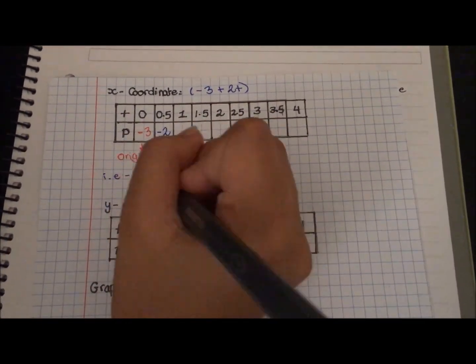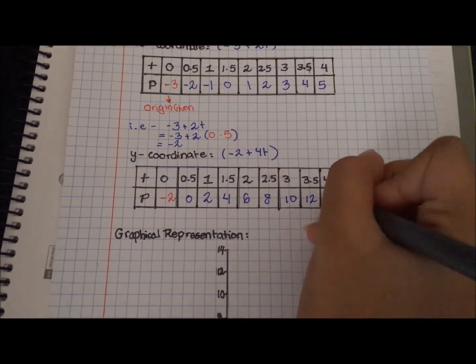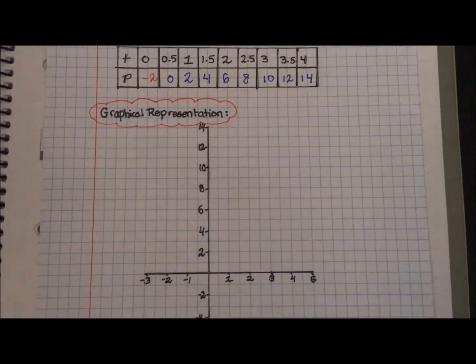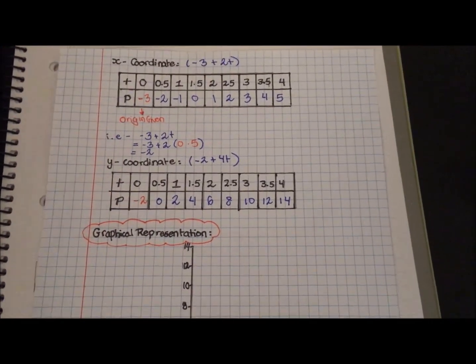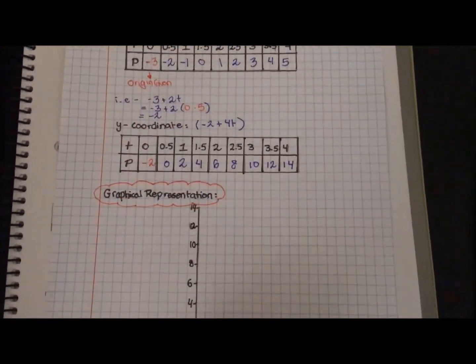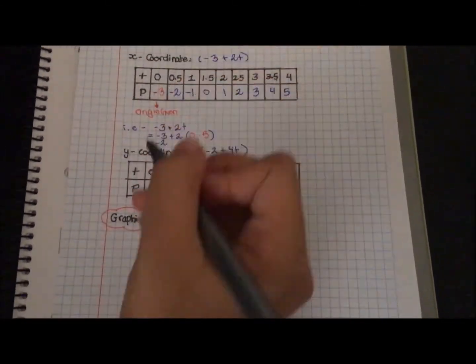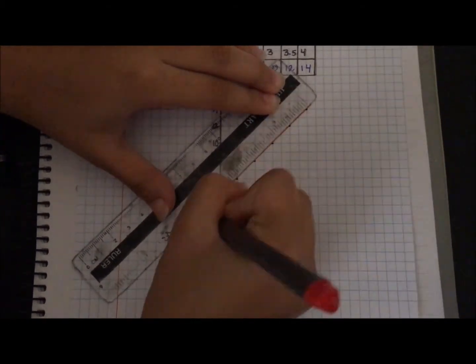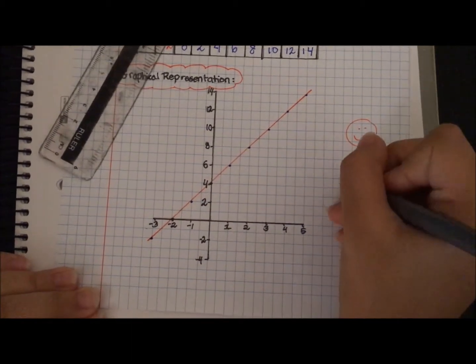To plot these points correctly, we need to identify the corresponding x and y terms per time period, where as an example, the position vector of the car at 0.5 seconds would be equal to (-2, 0) from the second table. This concludes with a straight line, where this question is completed.